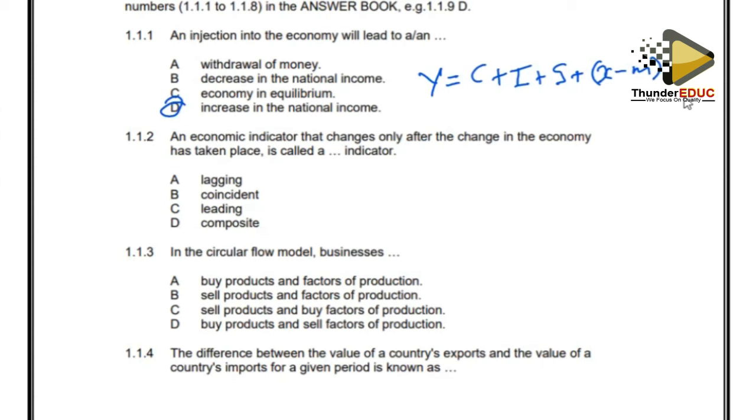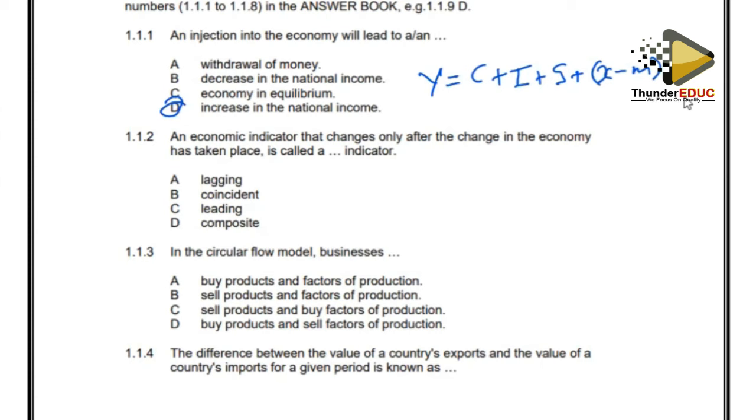Then we have the coincident indicator. A coincident indicator is an indicator that changes at the same time as there is a change in an economy. So there is a simultaneous change. Once the economy changes, this coincident indicator also changes. We also have a leading indicator.